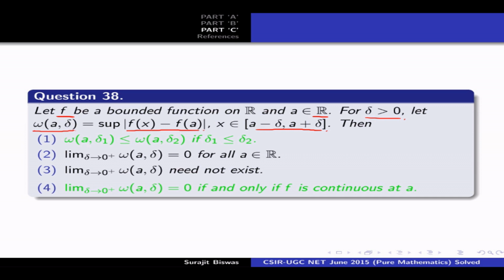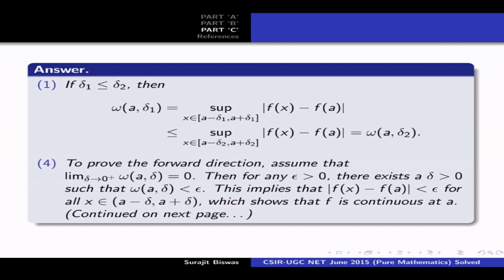So the first option is omega(a, delta1) less than or equal to omega(a, delta2). That is obvious from the definition, but if you want a verification, if delta1 is less than delta2, then omega(a, delta1) equals the supremum over x in [a minus delta1, a plus delta1] of |f(x) minus f(a)|.